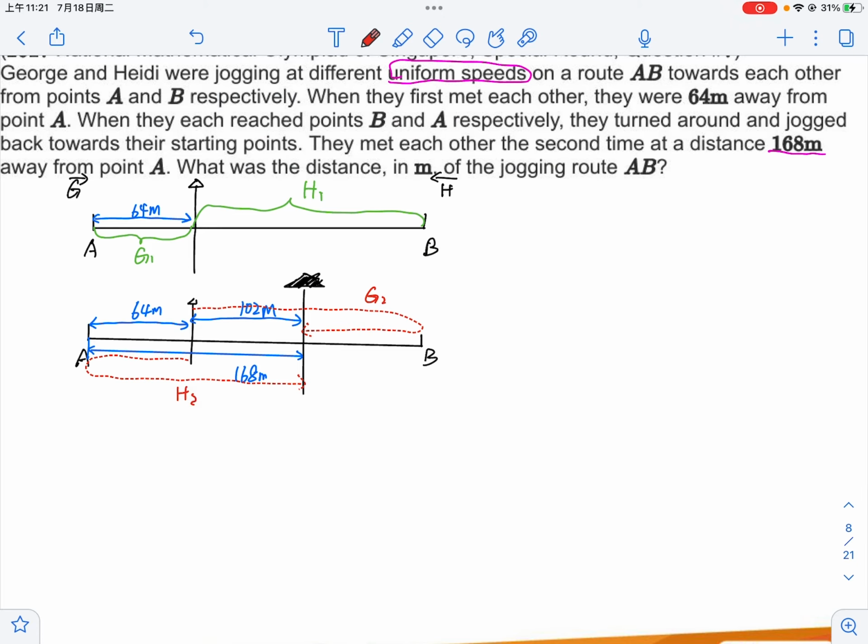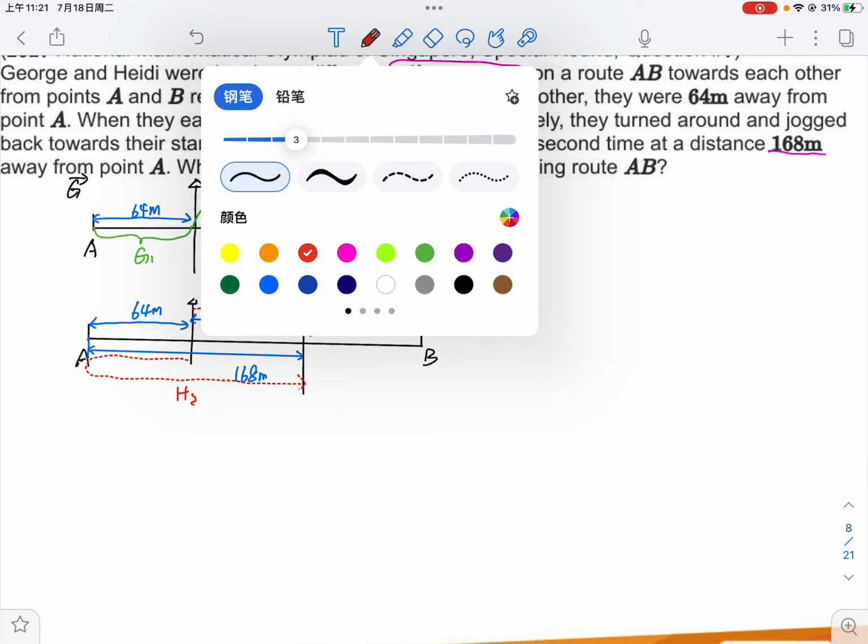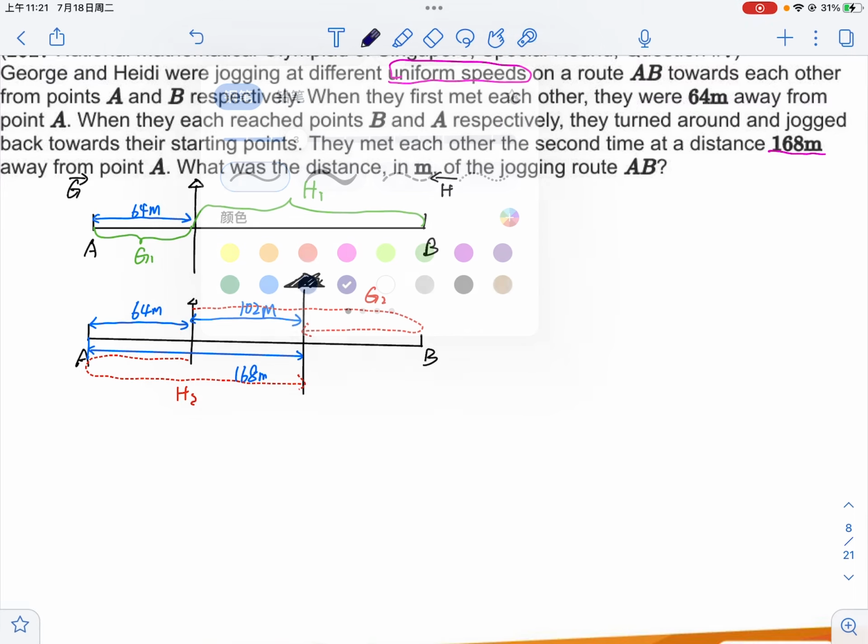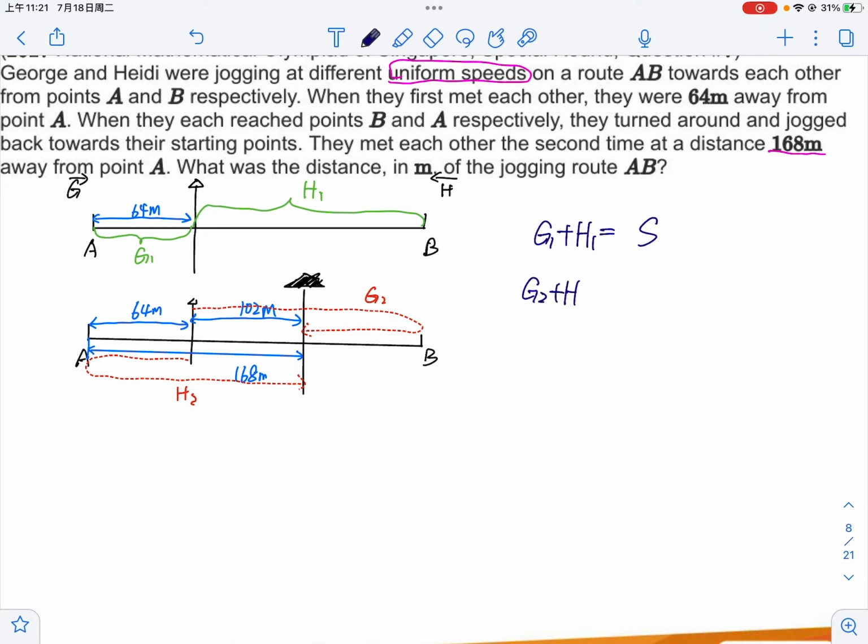This is H2, how much distance H runs after the first time they meet and before the second time they meet. So first tell me, G1 plus H1 equals what? Yeah, G1 plus H1 equals the total distance of AB, which is S. And G2 plus H2 becomes what? G2 is this line from this place to this place, and H2 is this place to this place. You add them up, it will be 2 times the total distance of AB, which is 2 times S.